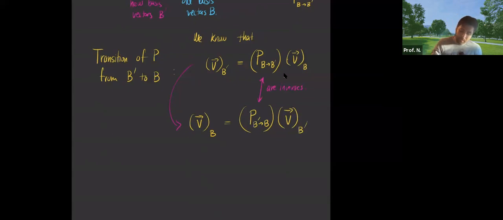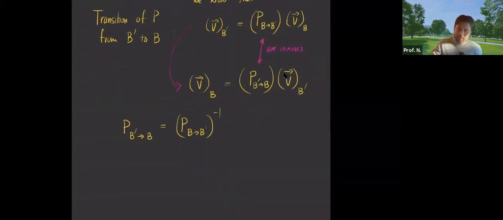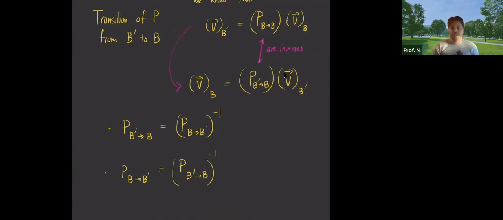So the transition matrix from the new to the old is equal to the transition matrix from the old to the new, but inverse of one another. And same thing goes for the transition matrix from the old to the new. It's the same thing as saying the transition matrix from the new to the old. They're inverses of one another.